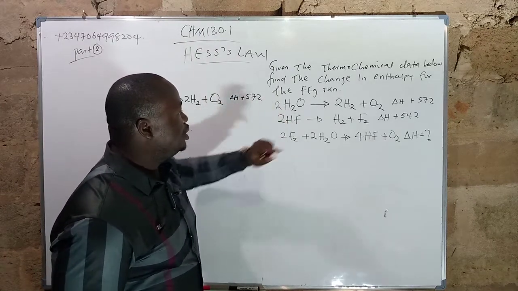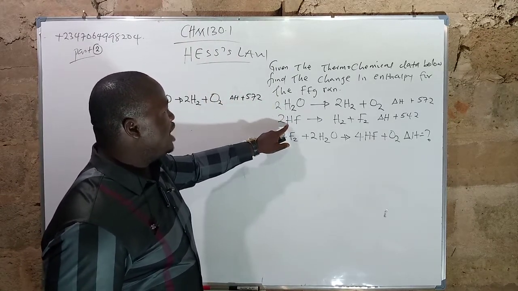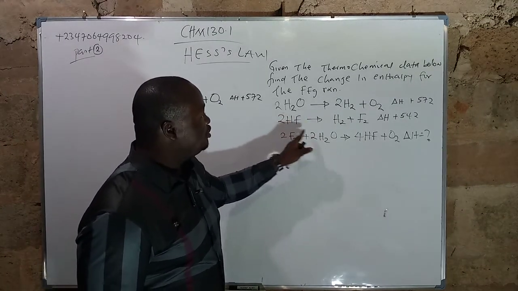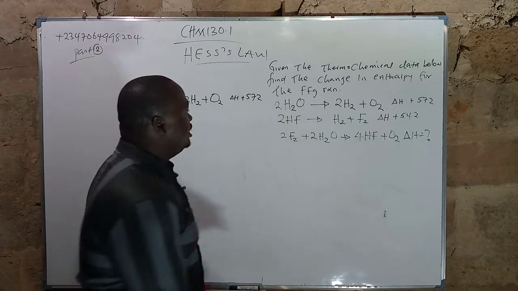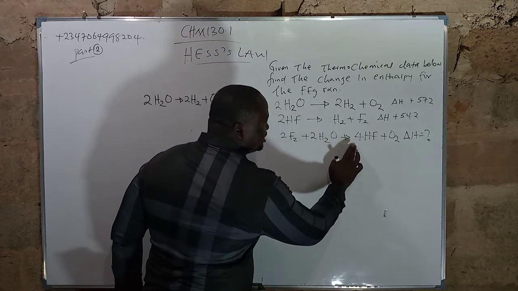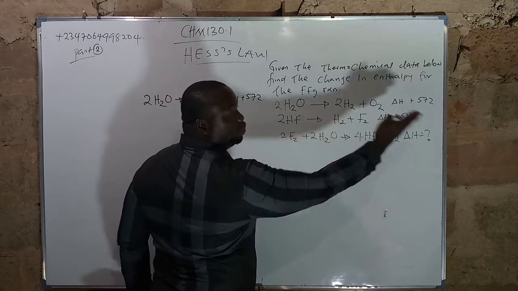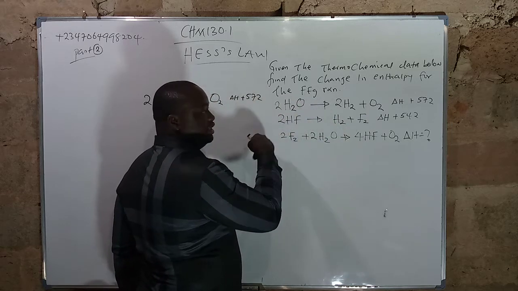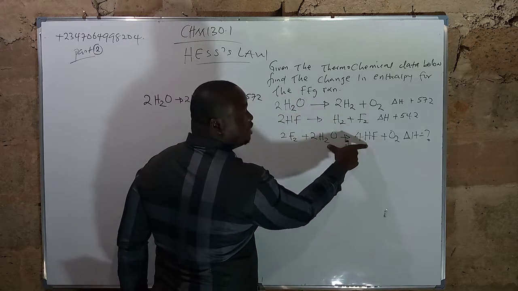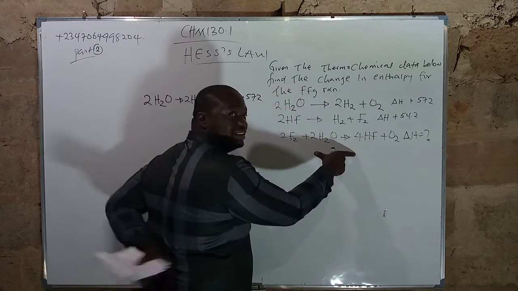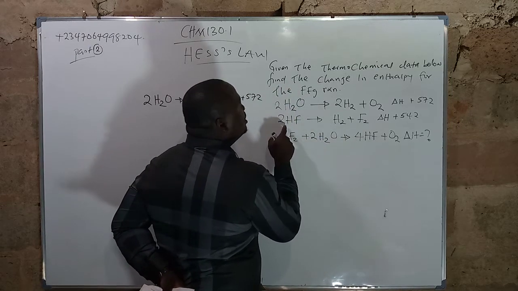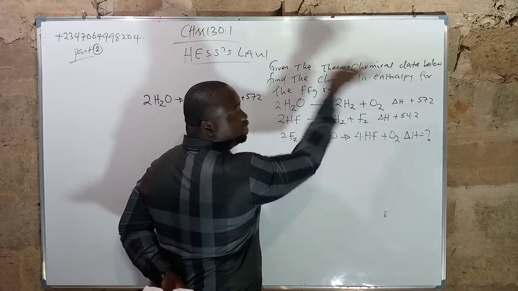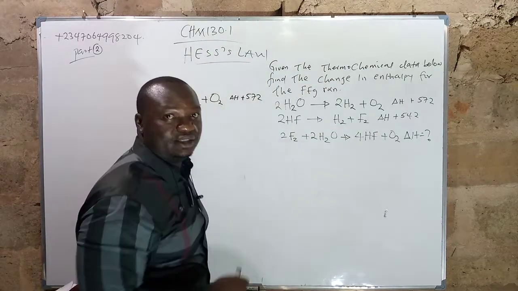Now, coming to the second equation, we have hydrogen fluoride here. The HF is at the reactant side, but in our base reaction the HF is at the product side. We want to make these two equations look exactly like the base reaction. Since HF is at the reactant side but our base reaction has it at the product side, we have to reverse it.